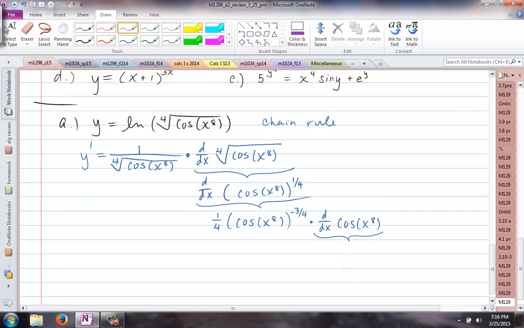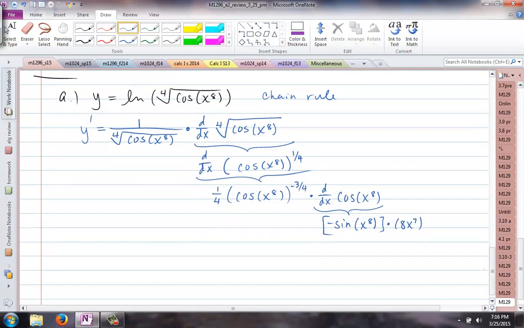Cosine. What's the derivative of cosine? Negative sine. Very good. Of the original inside stuff, x to the 8th power. And then we can finally finish this and take the derivative of x to the 8th, which is 8x to the 7th. Okay, now I just got to reassemble this, and I'm done.